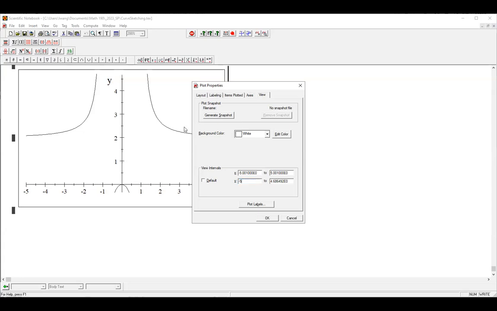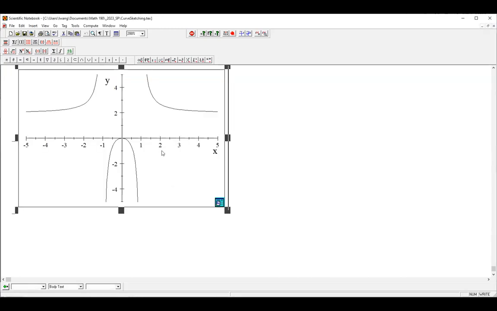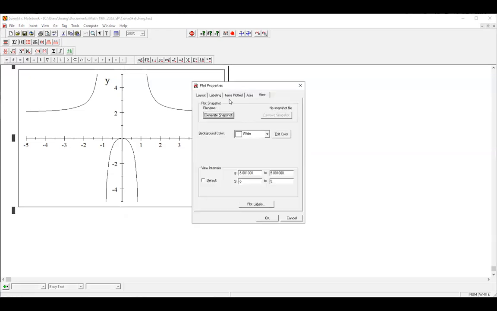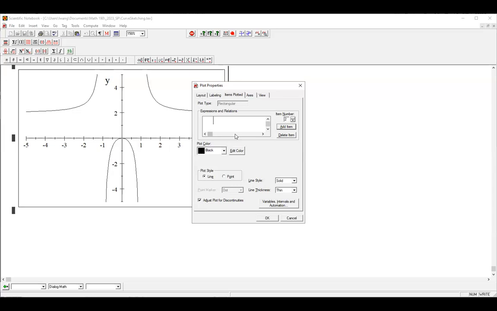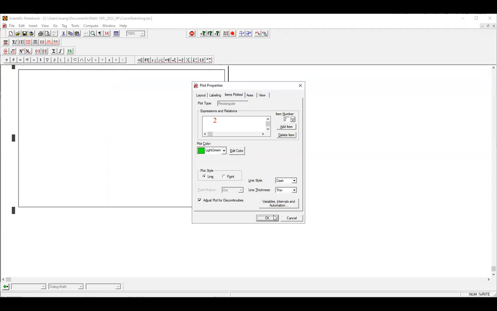Let's see, negative 5 to 5. We're going to put more things in place. So what are the more things? Horizontal asymptote. We have y equals 2 as our horizontal asymptote. So we're going to make that green, a broken line.